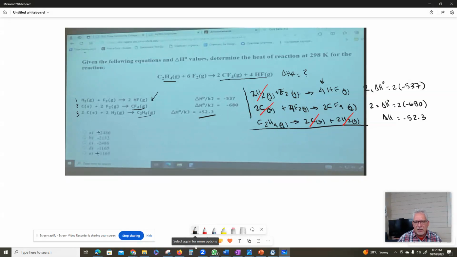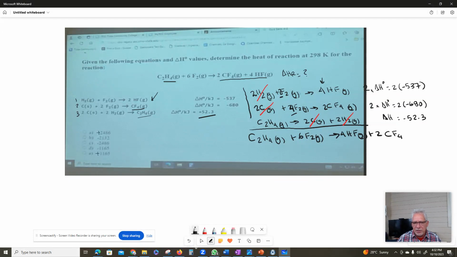The next thing is adding them together. So that will be C2H4 gas, and I had 2 fluorine because I multiplied those 4 by 2, and 4. That will make 6 fluorine gas producing 4 hydrogen fluoride gas and 2 carbon tetrafluoride.